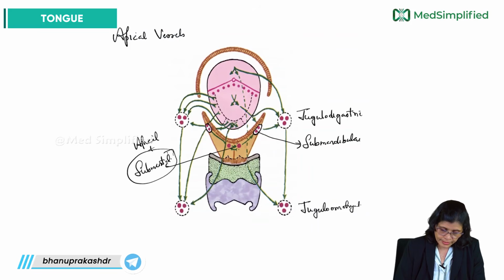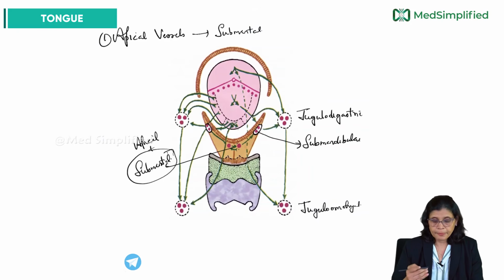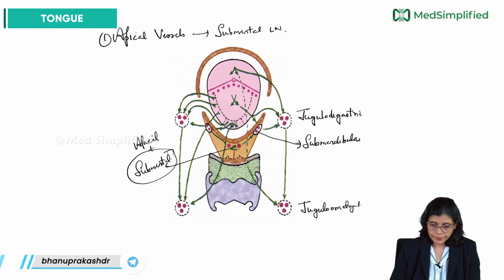So basically they are draining the tip and the ventral surface of the tongue. From there they either go to the submandibular group of lymph nodes, or they cross the hyoid bone and go to the jugulo-omohyoid group of lymph nodes. So that is how they finally drain.